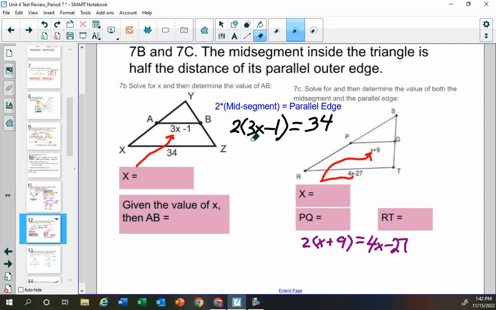We need to distribute. What do we have to distribute? Distribute that too. 6x minus 2 is equal to what number?